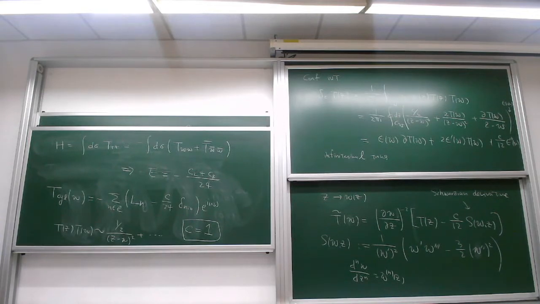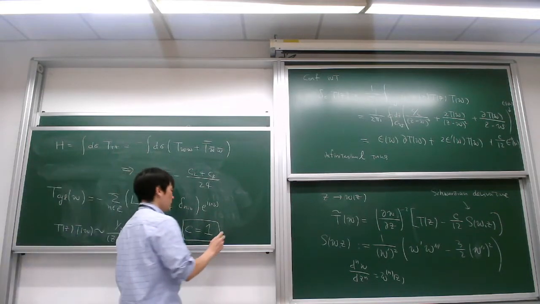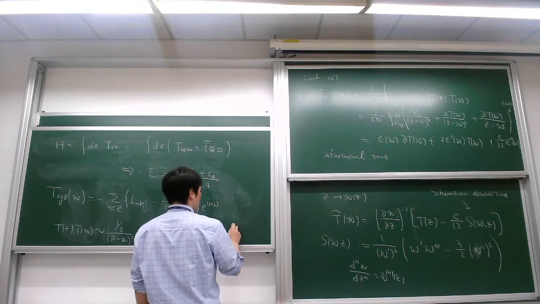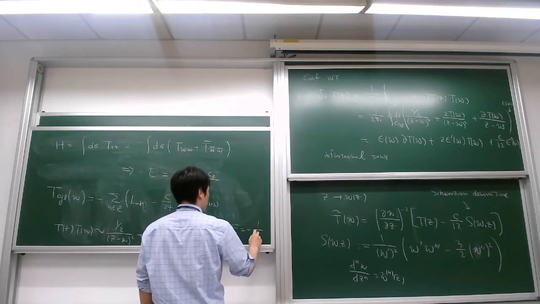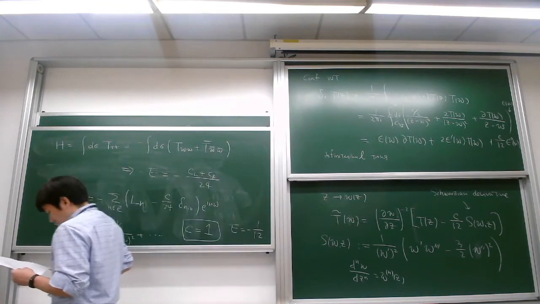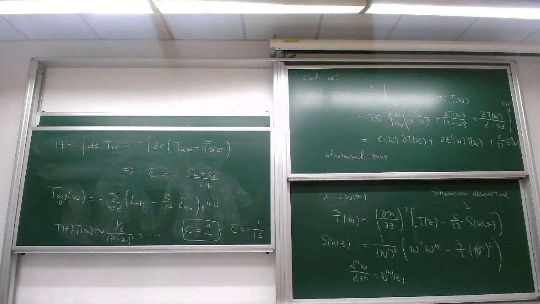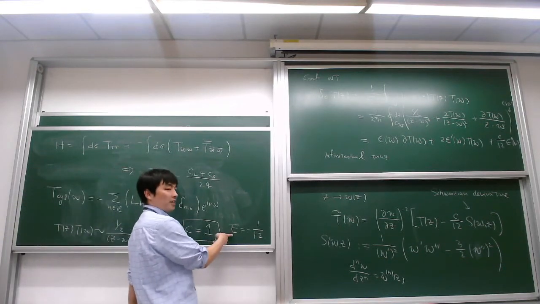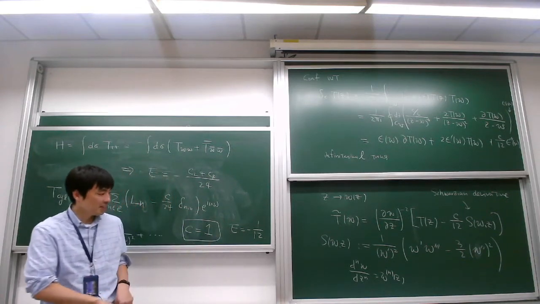So therefore, the energy density or Casimir energy for the free scalar, the free boson, is equal to minus 1/12. So again, what we have shown is that the Casimir energy of the free boson is negative.